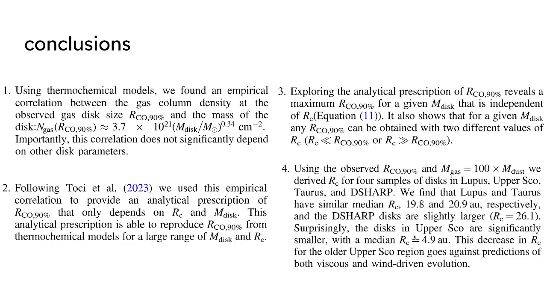And lastly, they applied that to 4 samples of disks and found the median values, cool. And the note about the upper score, which is very small, and this decrease in RC for the older region goes against predictions of both viscous and wind-driven evolution.